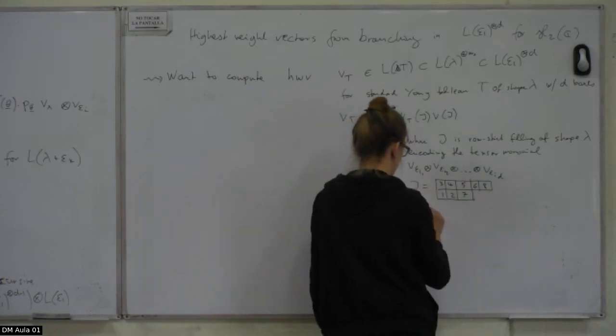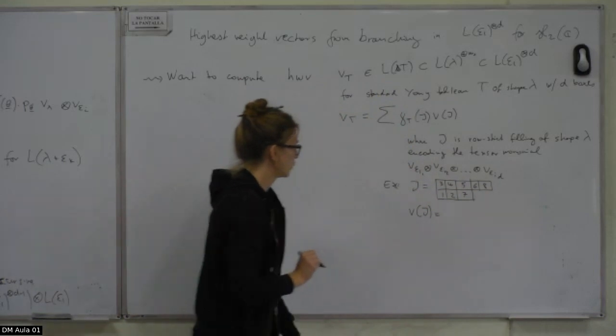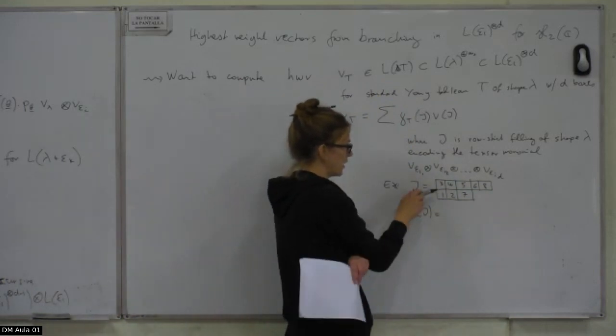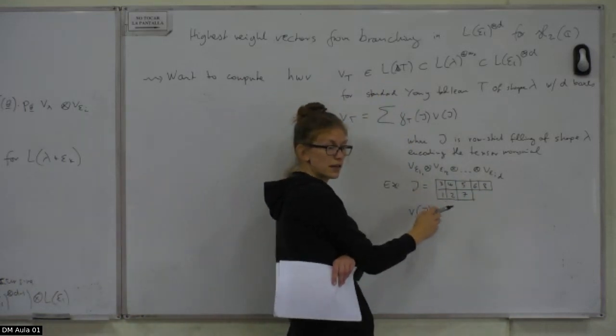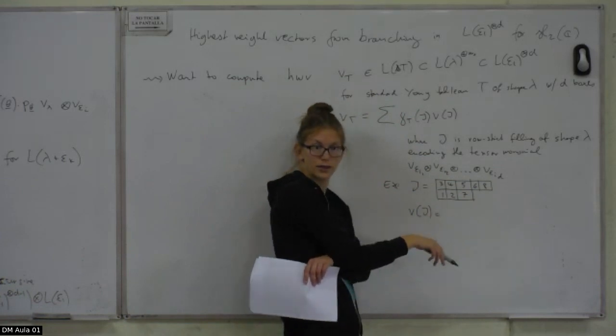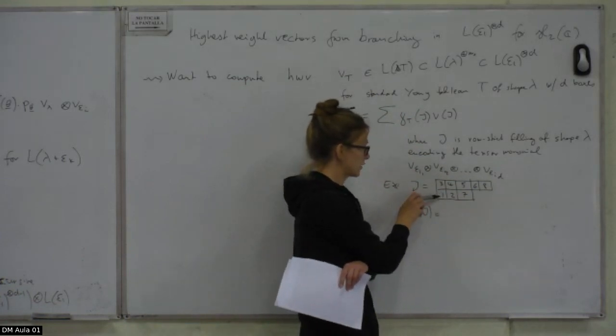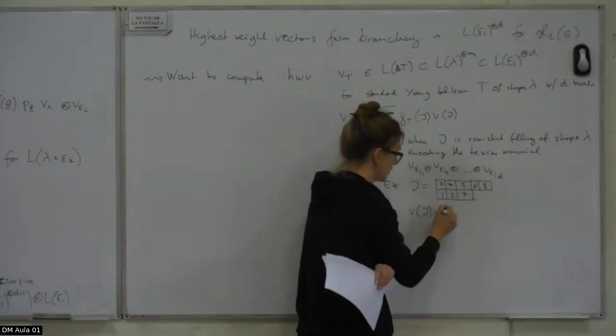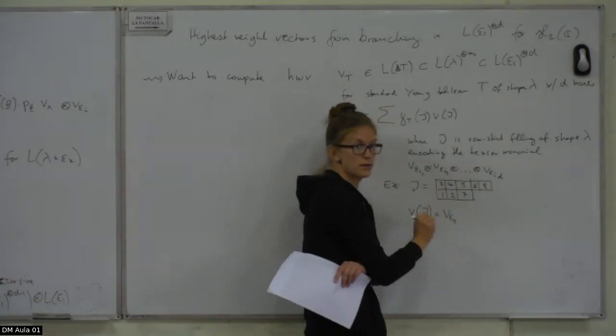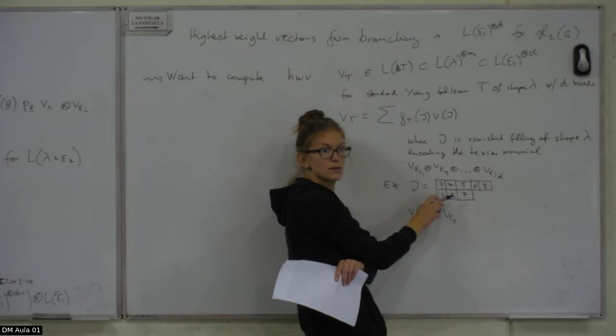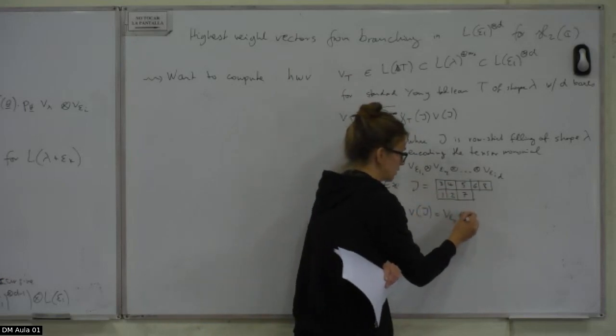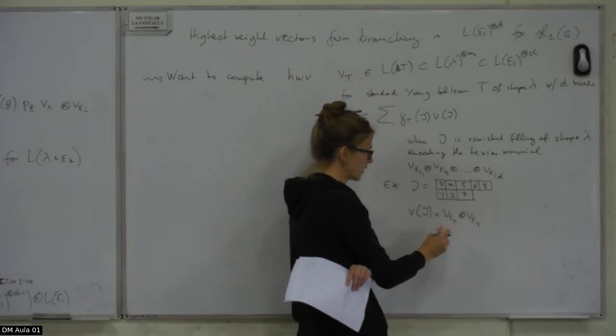And so the associated monomial will be, well, I have to look at the row of the entry to say whether I have an epsilon 1 or an epsilon 2. First guy is in the second row, so I have the epsilon 2 to start with. Then the 2 is also in the second row, so my second guy is also the epsilon 2.